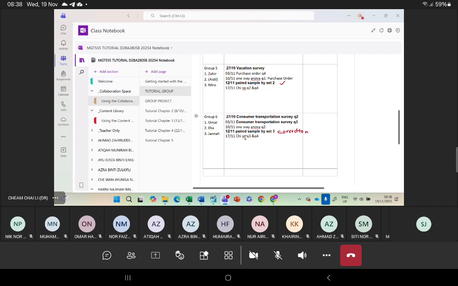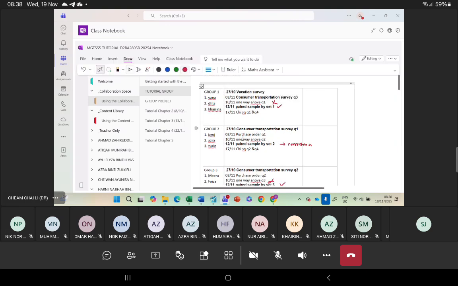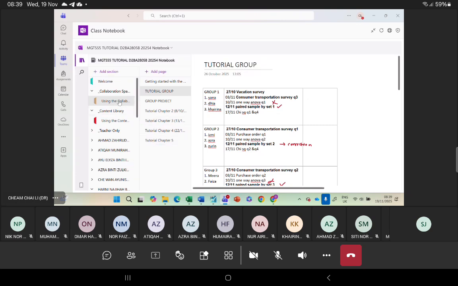Okay, we have done paired sample. Any questions before we proceed to chi-square? If there are none, then we go to chi-square. Okay, thank you for the response. So we look at chi-square now.